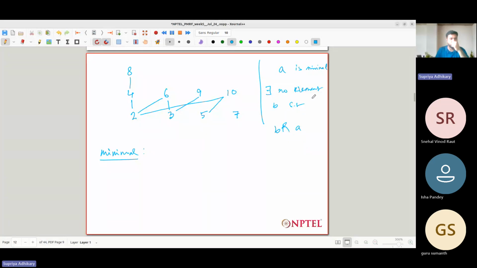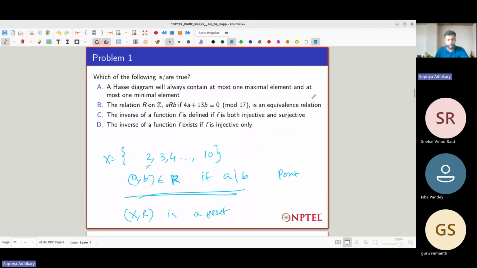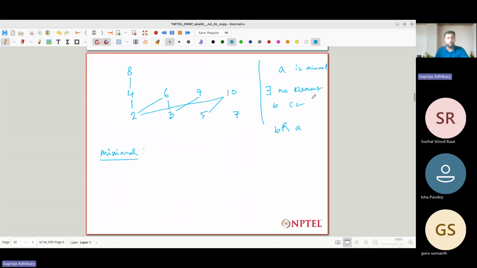And over here, since we are considering all the elements starting from 2, all the prime numbers 2, 3, 5, 7 are our minimal elements. So there are 4 minimal elements.